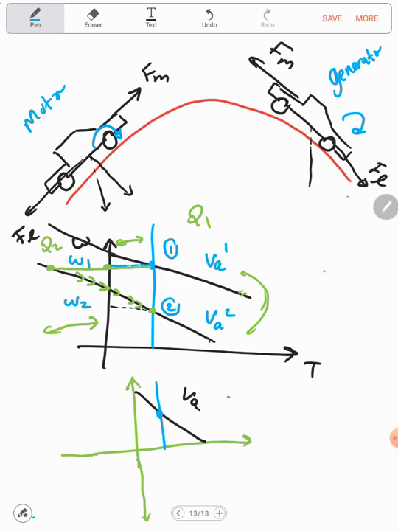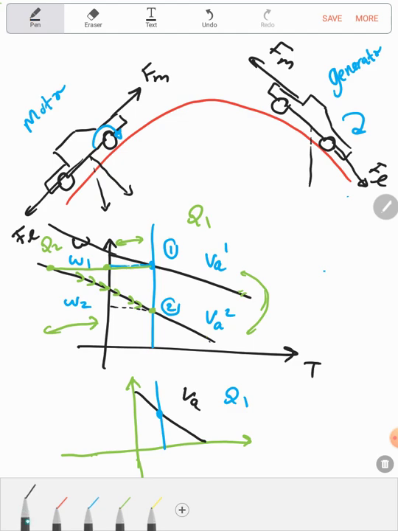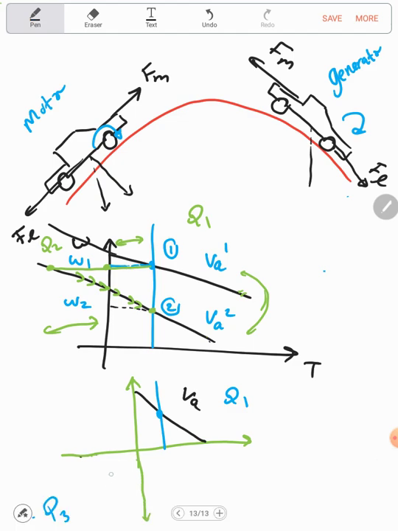So I need to go from Q1 to Q3. To do so, I should pass through Q2, which is the forward regenerative braking. Now, if I reverse the voltage, I will get the same parallel line, but in the opposite direction here. So this is for minus VA, and also remember that those lines are actually straight lines.